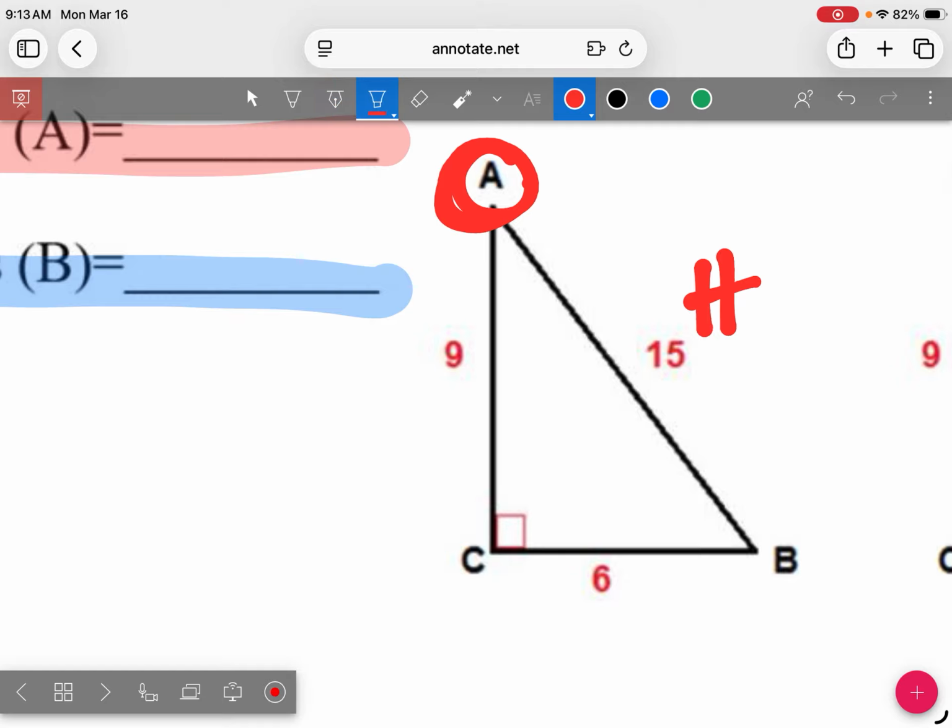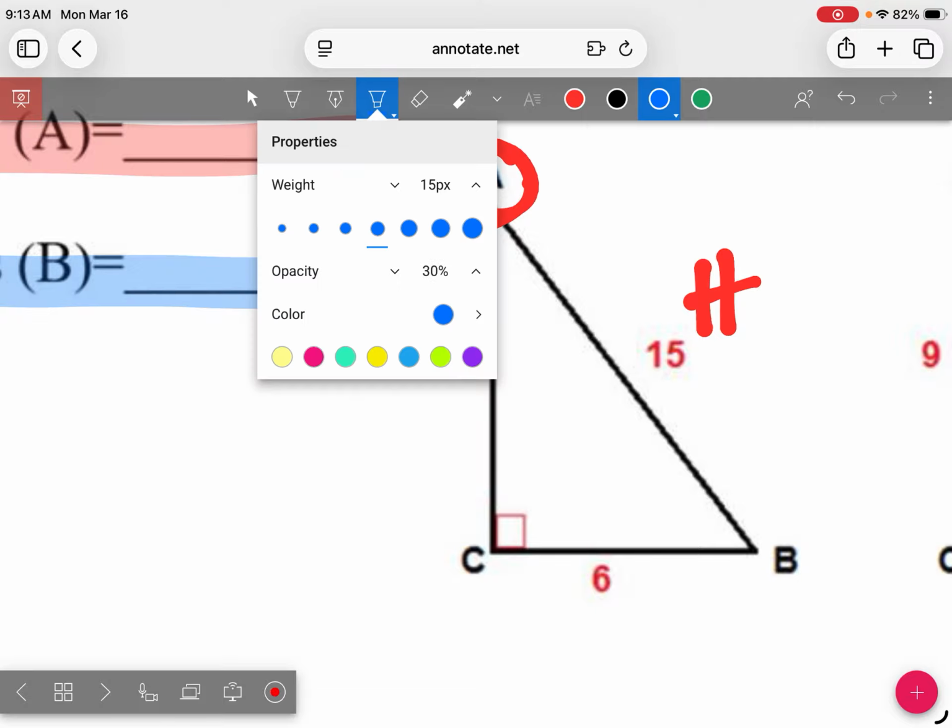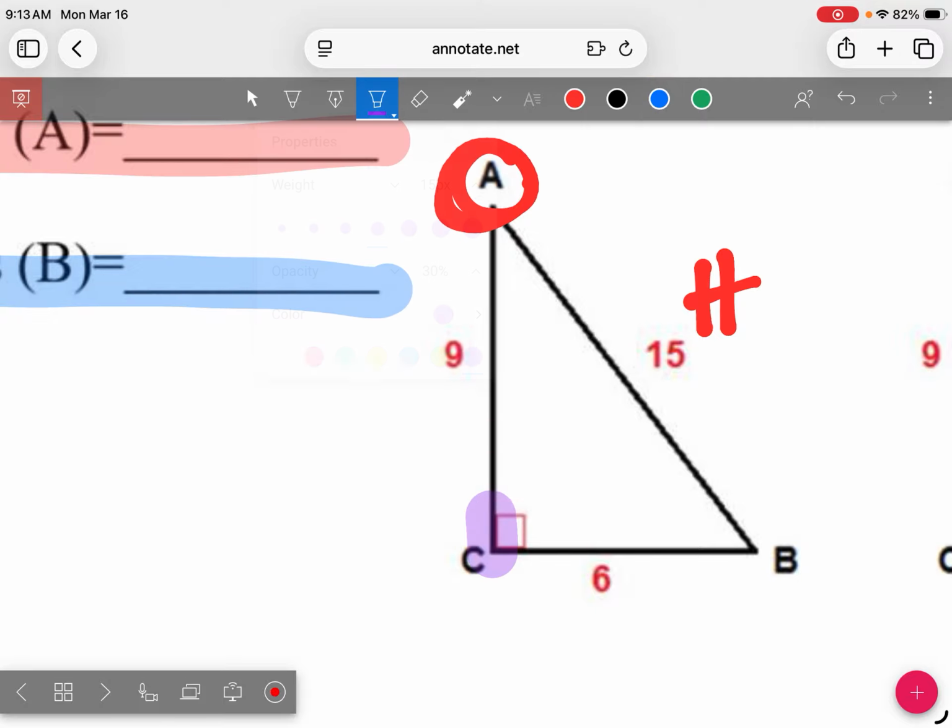There are two other sides to our triangle. I have this side, which I'm coloring purple, and I have this side, which I'm going to color green. Looking at angle A, would you say 9, the purple side, is next to angle A or across from angle A?